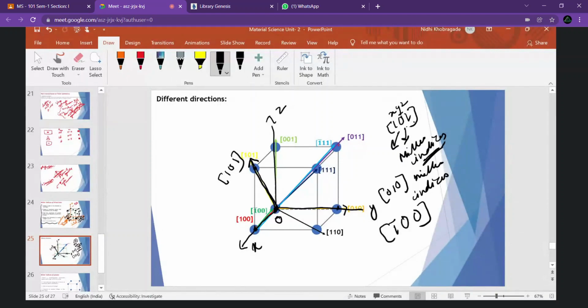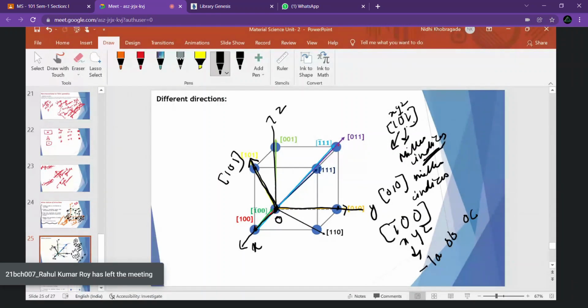So 1 bar 0 0 means the x-axis with a vector in the negative direction, minus 1a, and this is 0b and 0c. So according to the different steps or rules for Miller indices of direction, the rule is that we have to mark our origin in that particular direction. So here we mark minus 1.